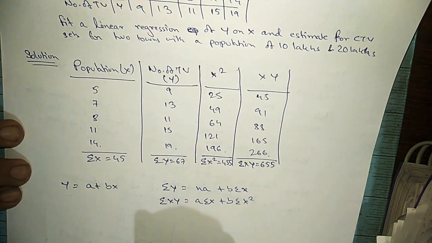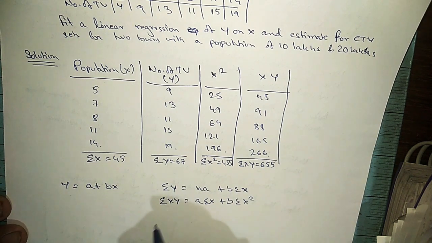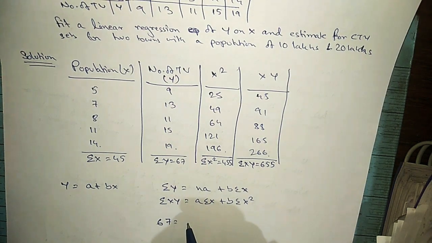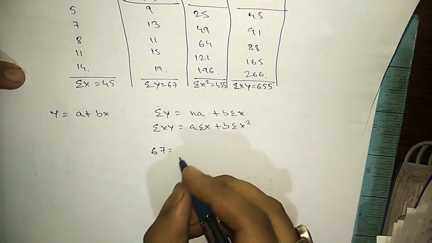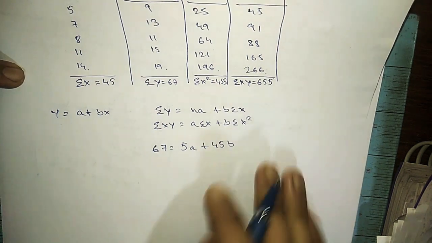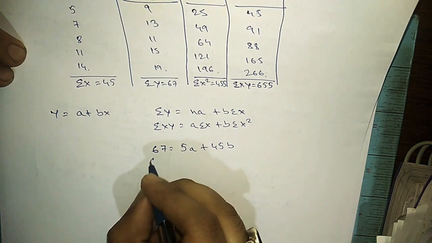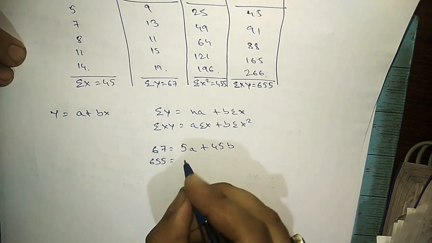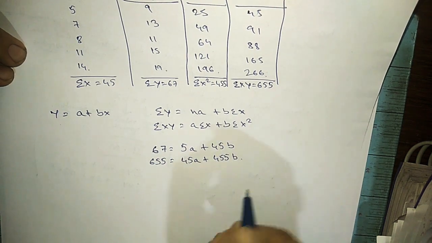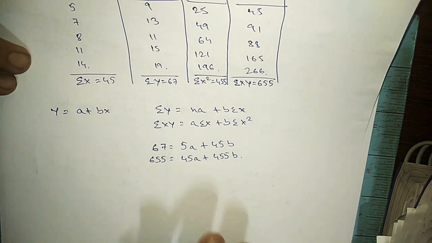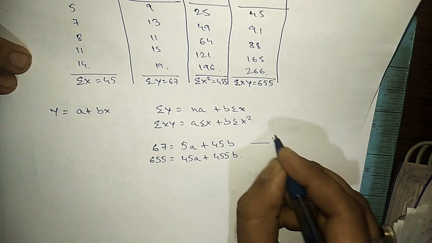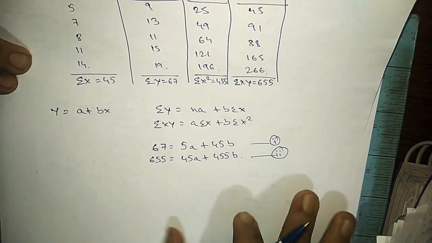Now simply putting the values, 67 equals 5a plus 45b, 655 equals 45a plus 455b. So this will be equation 1 and equation 2.